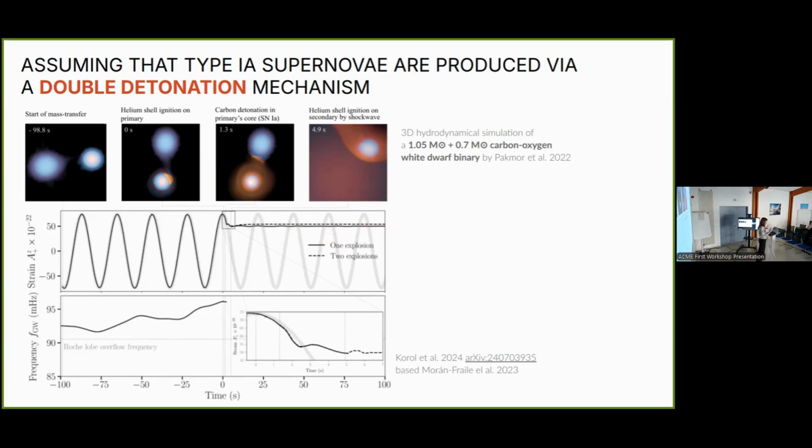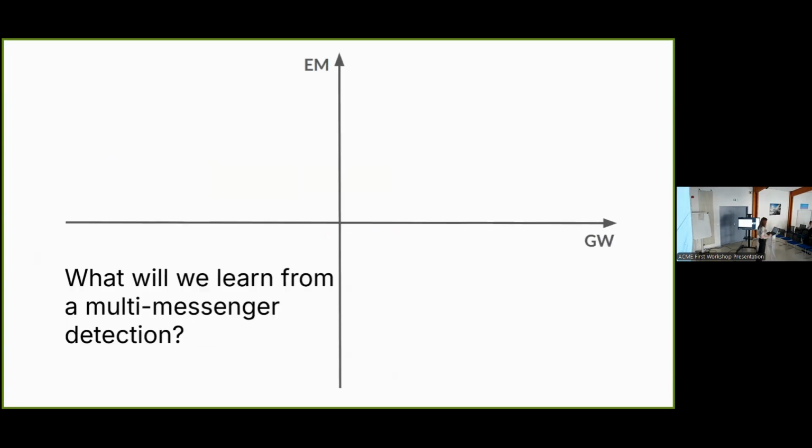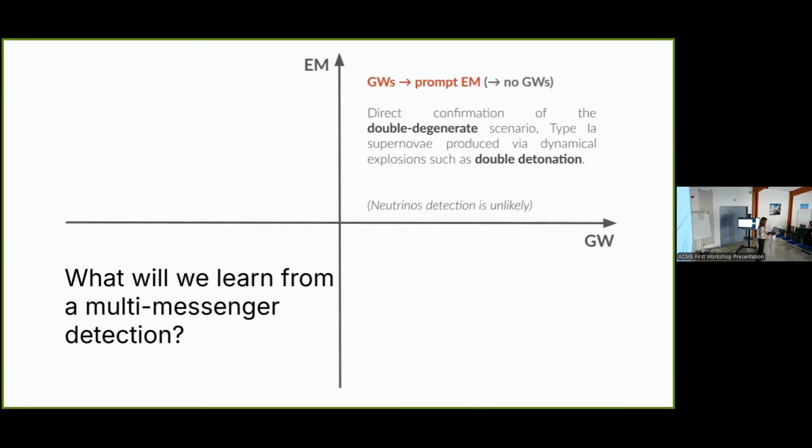Let me put this into the broader context of multi-messenger detections. If we see a scenario in which we see monochromatic gravitational waves, and then a prompt electromagnetic emission, that would indicate a double degenerate scenario.